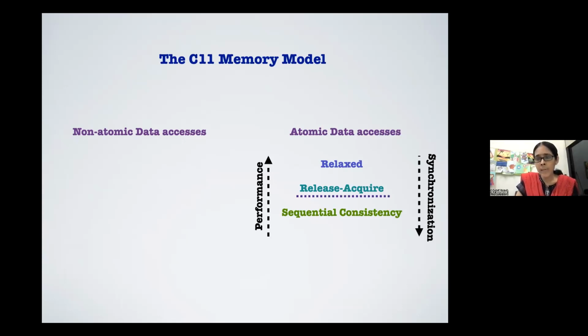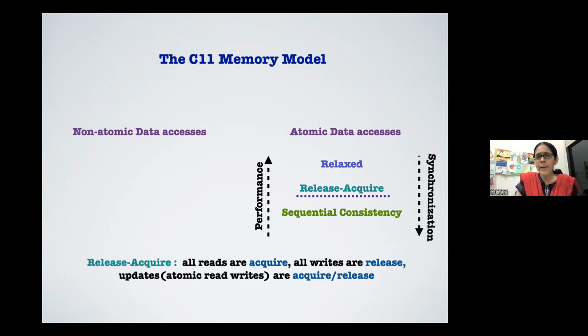The nice thing about release acquire is that the performance is very good, and at the same time it also supports some interesting synchronization features like the message passing idiom. Another way to very simply define release acquire is: take the C11 memory model and make all the reads acquire reads, all the writes release writes, and all the updates or atomic read-writes acquire-release kind. So this is release acquire in a nutshell.